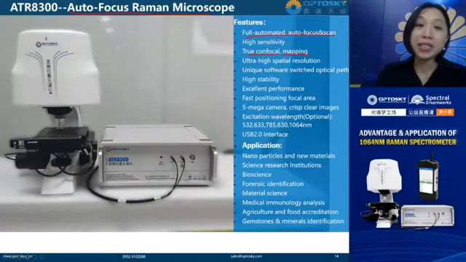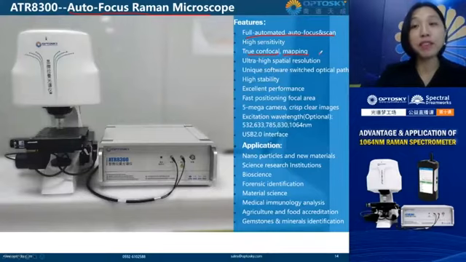As we all know, this is the only miniature Raman microscope with true confocal and mapping functions, whatever you can see in the market, made by OptoSky. We also have a 5 megapixel camera with crisp, clear images. Excitation options include all of these, not to mention 1064, and it uses USB 2.0.